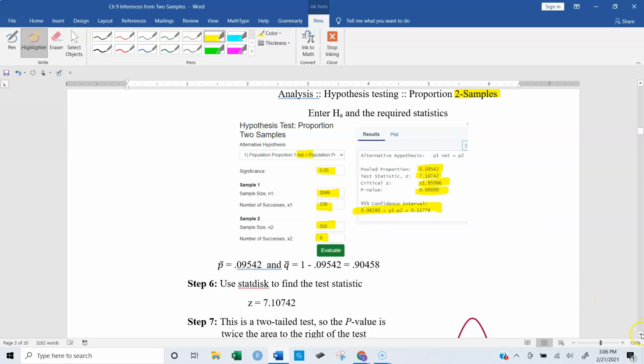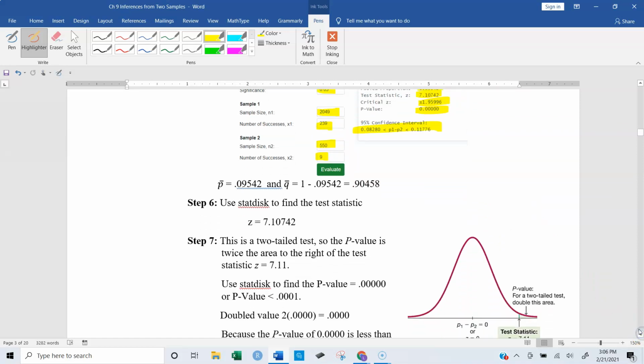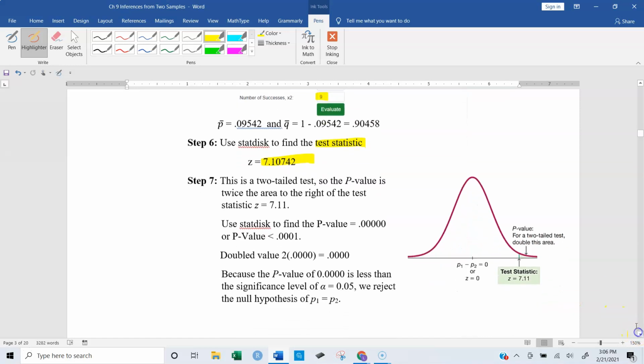So now we're going to use these to check. The test statistic was 7.10742. I drew this so you kind of understood, but it's not the critical value, so do not get that confused with the one that we usually use. Because this is a two-tailed test, this area over here, we have to multiply by 2, because it has to be represented by 2.